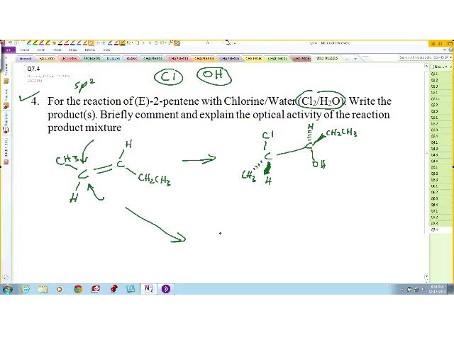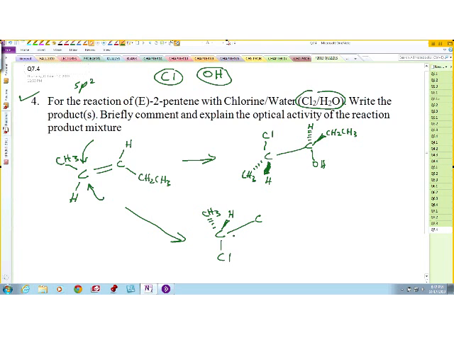Then we have this: chlorine coming from the bottom, and then it pushes the methyl and the hydrogen off. If the chlorine comes from the bottom, that means the hydroxide will come from where?